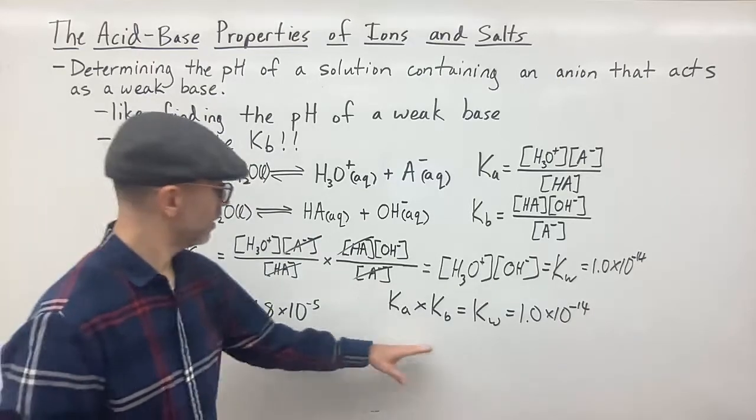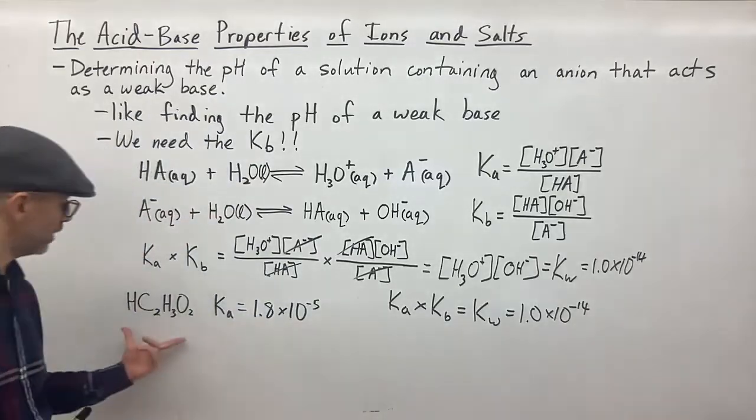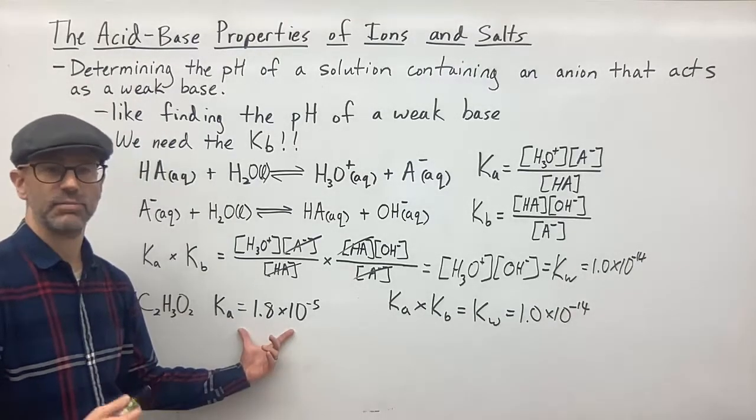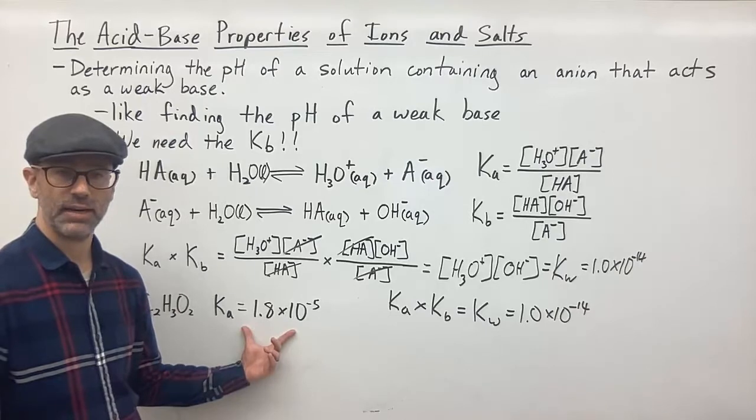So here is an example. I have acetic acid. I'm given that the Ka of the acetic acid is 1.8 times 10 to the negative 5.